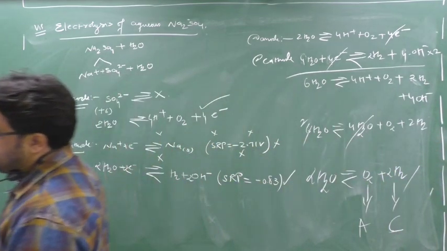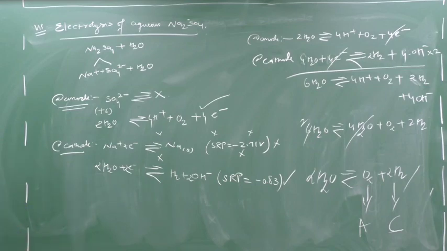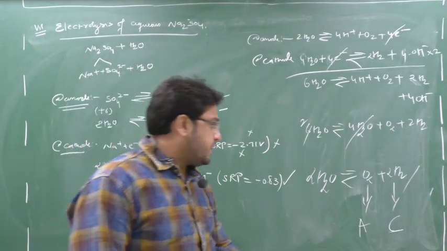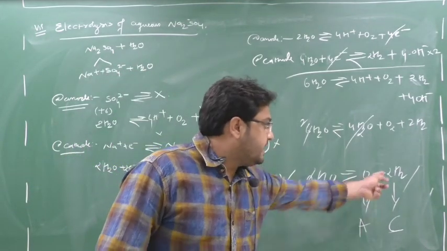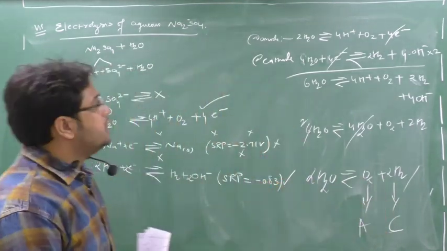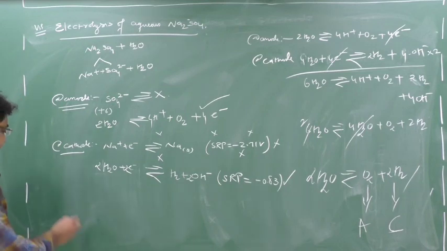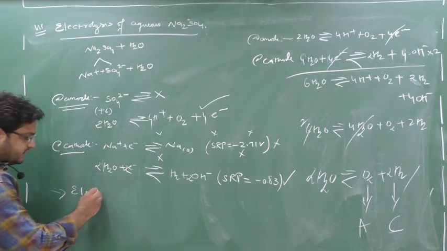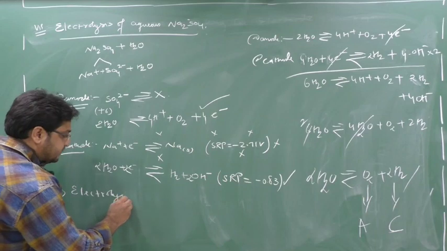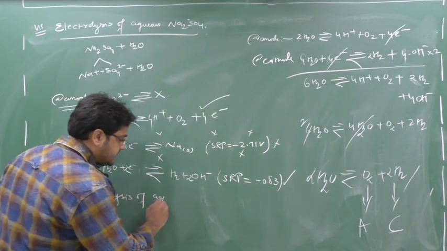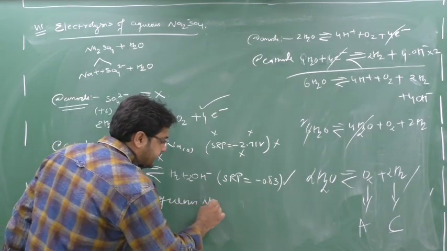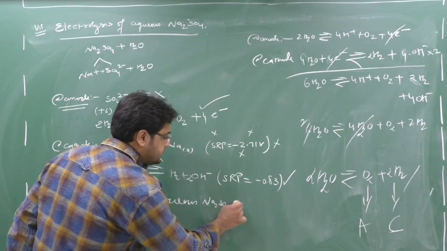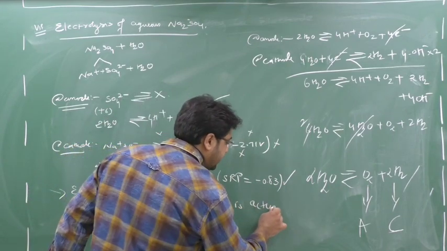Clear? So electrolysis of aqueous Na2SO4. If I say which products are obtained, at anode oxygen gas will be liberated, and at cathode hydrogen gas will be liberated. So in short, I can say one short point: electrolysis of aqueous Na2SO4 is actually electrolysis of what?